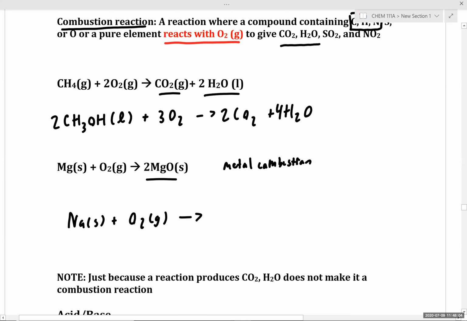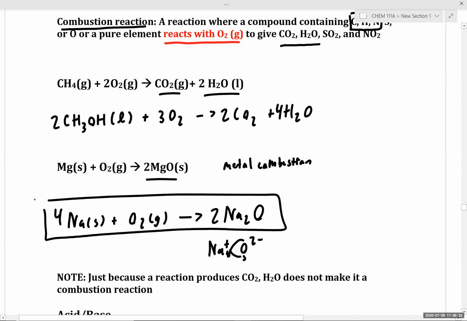Sodium oxide, which is Na+ and O2-. We cross our charges. That gives us Na2O. Balancing this equation, we have coefficients of 4, 1, and 2. Any questions on this example?